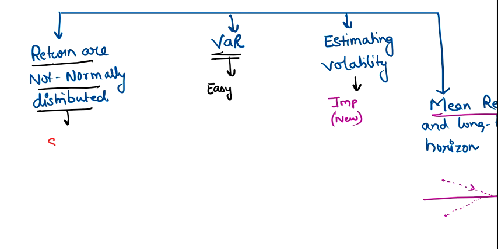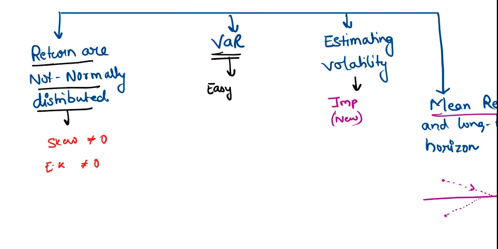Now if you remember, when skewness is not equal to 0, we can say that my distribution is not normal. When my excess kurtosis is not equal to 0, this means that my returns are not following the normal distribution.